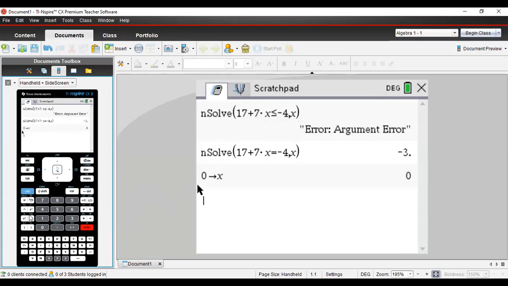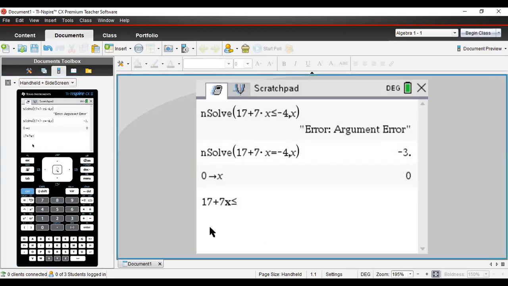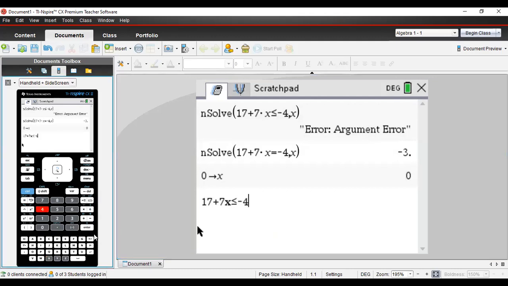So now I am just going to type in the original inequality. This is going to be 7x less than or equal to -4. Then I press enter and it says false.